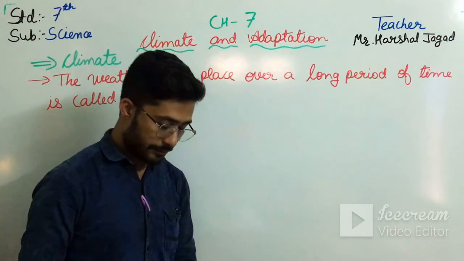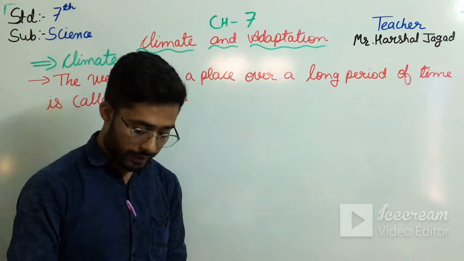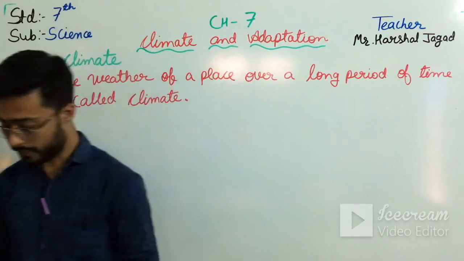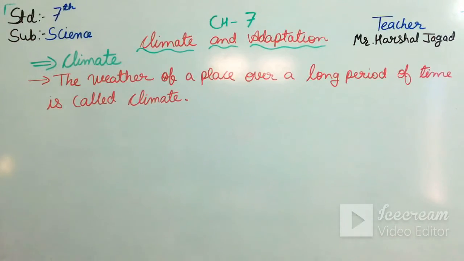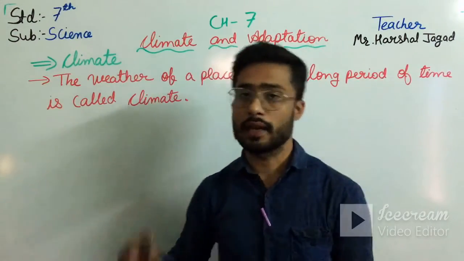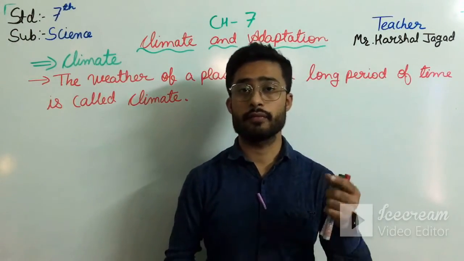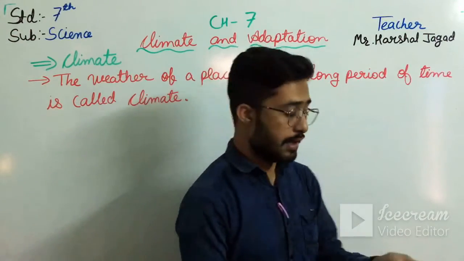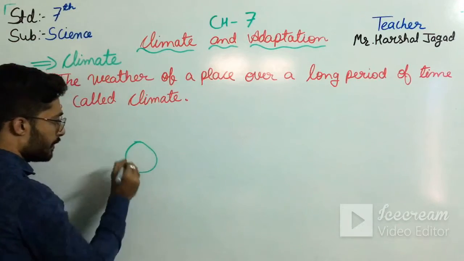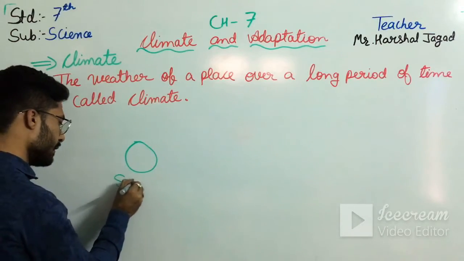Okay, and factors affecting the climate. So which factors affect? Here, distance from the sun, the first factor that affects the climate. Here we know that if I draw a sun here, this is sun.